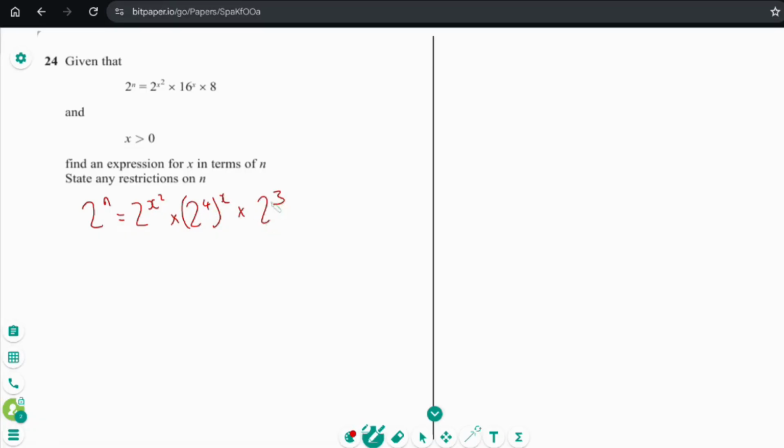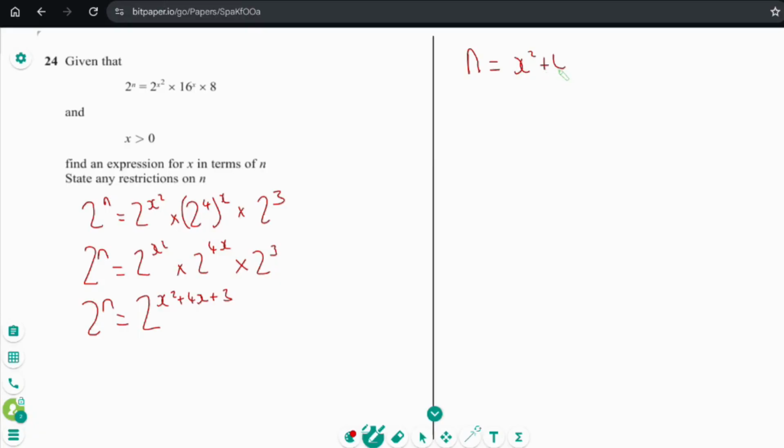And 8 is 2 cubed. I'm just going to simplify my power of a power. I'm going to add all of my powers on the right hand side. Okay, so now I can see that n is equal to x squared plus 4x plus 3.